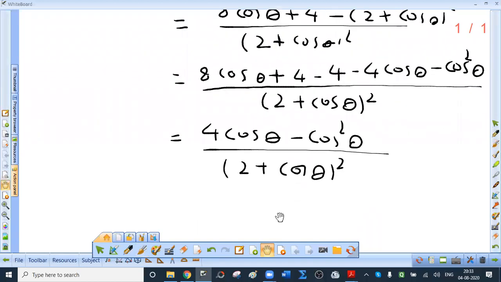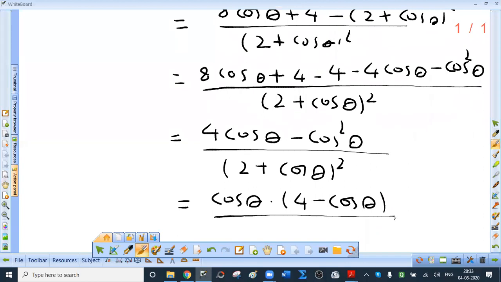Now from the numerator, what can be taken common? Cos theta can be taken common. So in bracket 4 minus cos theta divided by 2 plus cos theta bracket square. I hope that this is the first derivative. Now what is asked? In which interval? 0 to pi by 2.